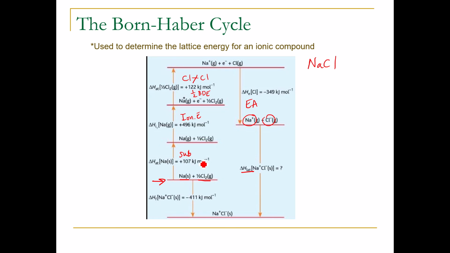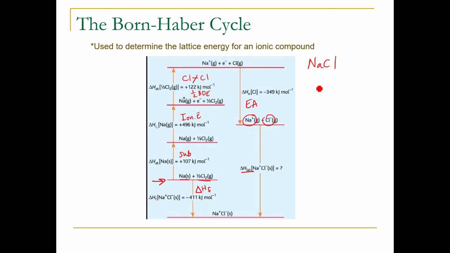So one last part that we didn't have before, but now we do, is our heat of formation value. Starting with the elements and going to the ion, this is our heat of formation. Alright, so now putting all of this together.